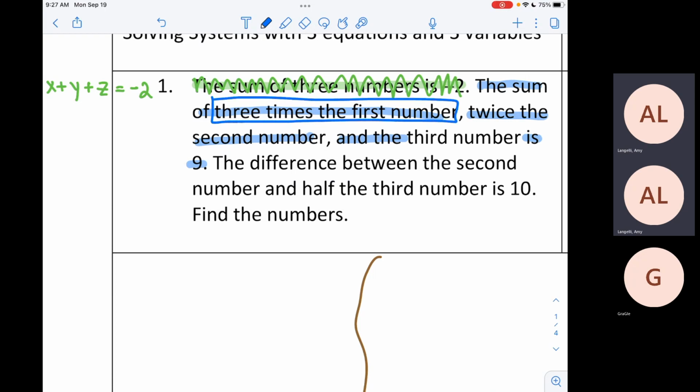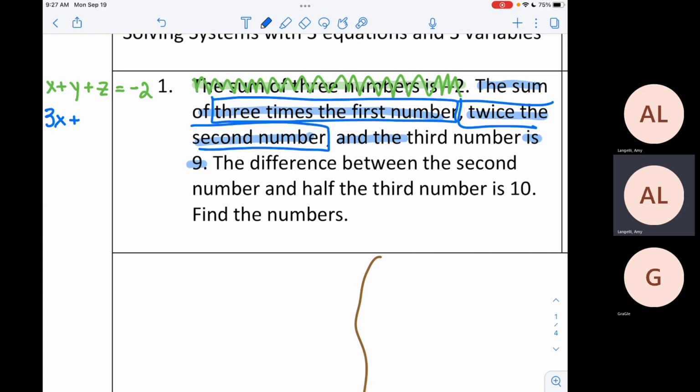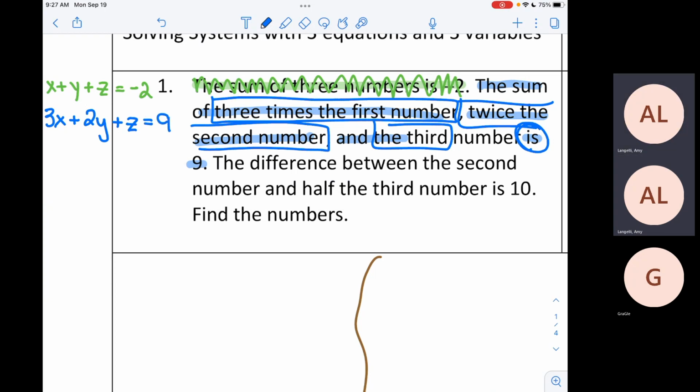What do you guys think that would be? 3x. So it's going to be 3x adding. How do we do twice the second? Good. And then how do we just write the third? Yep, plus c. And the word is what in math class? Equals what?